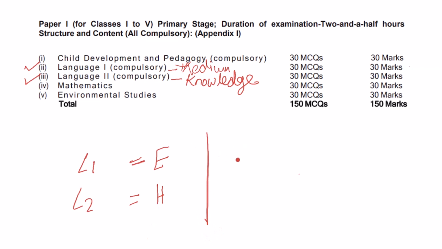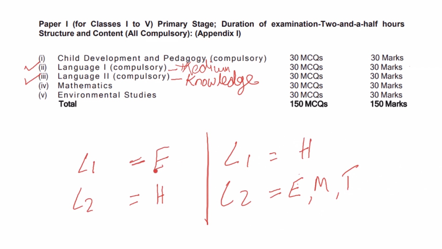Now if you come from a Hindi medium school, then language 1 should be Hindi, and language 2 should be any other language. It could be English, Malayalam, Tamil, etc. So just remember: what is the language that you are good at?